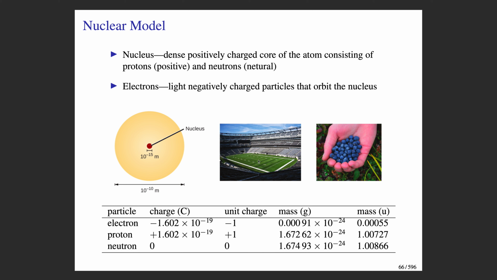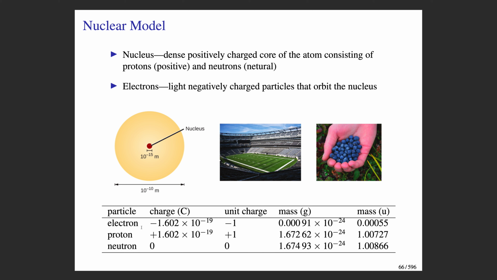And so, generally speaking, an atom consists of mostly empty space. All of the mass of the atom is in the nucleus, and then the size of the atom is essentially due to the electrons, which are orbiting around.